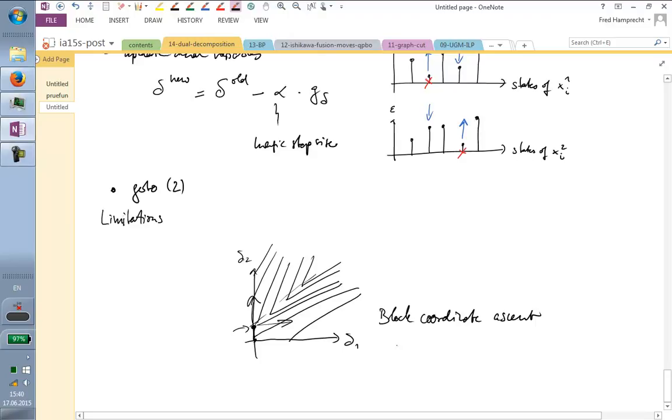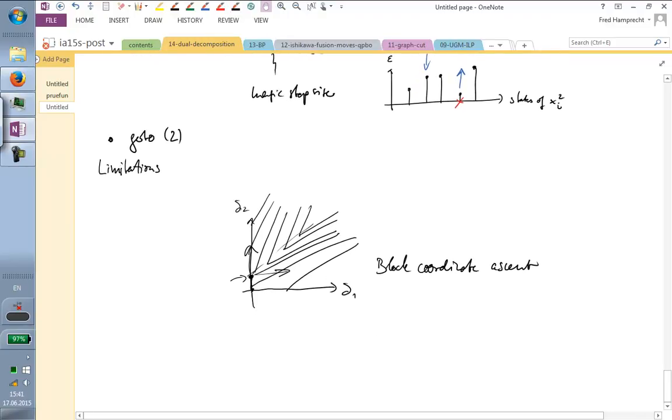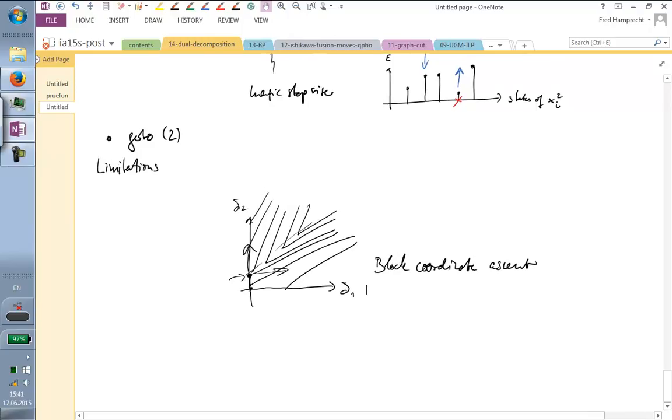And so that means we want to have subproblems where we optimize over many dual variables simultaneously. So where we optimize over many random variables simultaneously so that we can optimize many dual variables simultaneously.